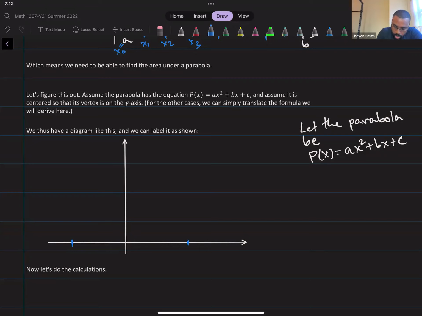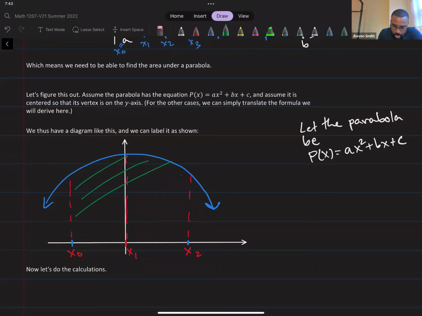So I'm going to call this x0, call this x2, and the middle one, which I want to line up with the axis, is called x1. And then I have some parabola over here, and these are my subintervals. I care about finding the area under here.